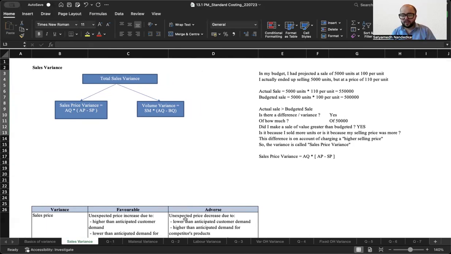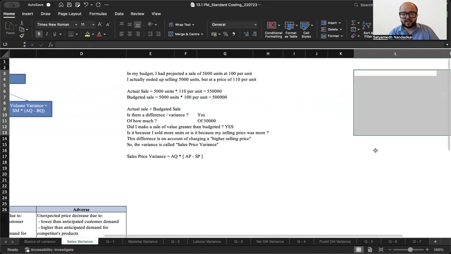One thumb rule that you will keep in mind in order to remember the formulas throughout standard costing: inside the bracket, you will always have an alphabetical order. When you read A, B, C, D, E, F, G, A comes before S, right? So in the bracket also, A comes before S. And it is a variance of what? Price. So actual price minus standard price. This is the sales price variance.